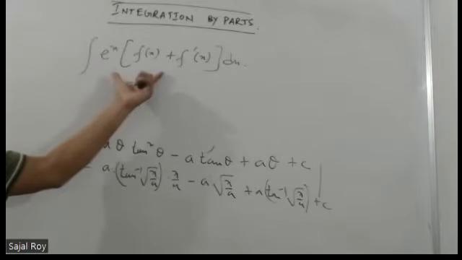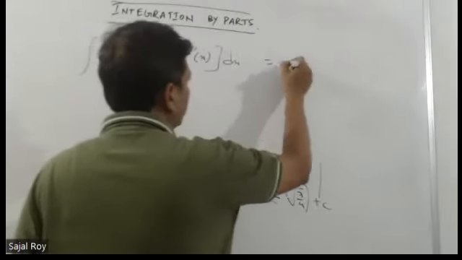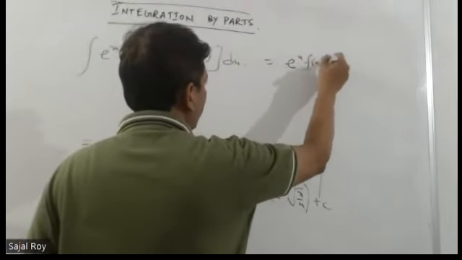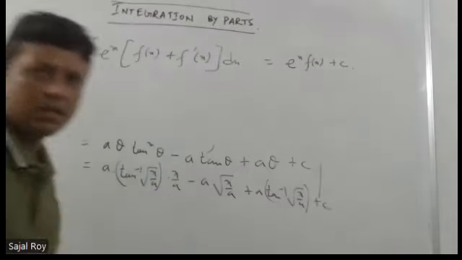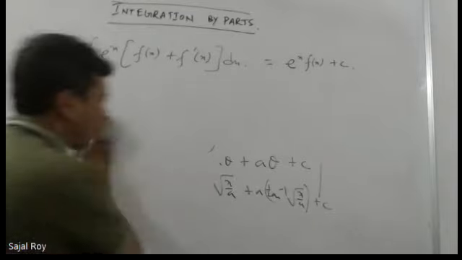Then if you write in this form in integration, your result will be e to the power x f x plus c. This is your answer. So how to prove this one? Let me prove this part.